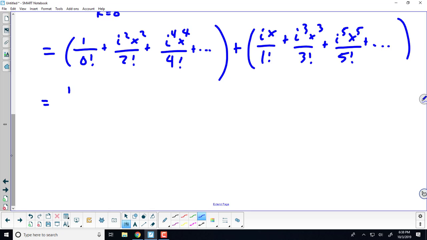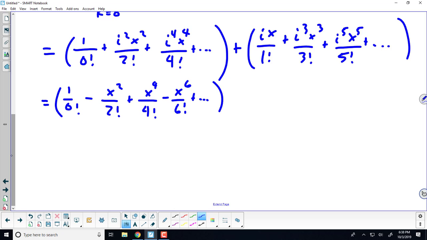So this becomes 1 over 0 factorial minus x squared over 2 factorial plus i to the 4th is 1, so x to the 4th over 4 factorial. And just to see the pattern, I'll go out one more term. It'll be minus x to the 6th over 6 factorial plus all the others. Plus i x over 1 factorial minus i x cubed over 3 factorial.